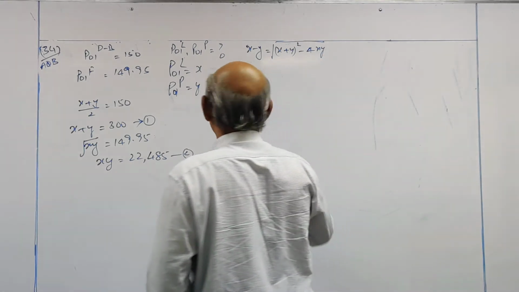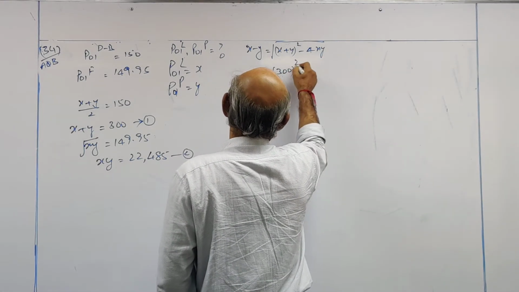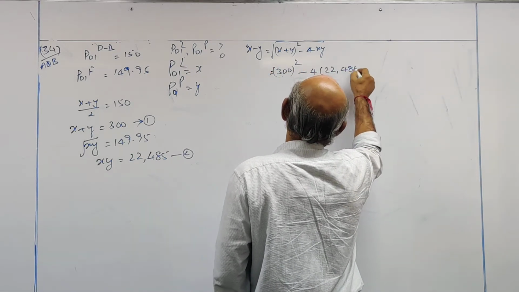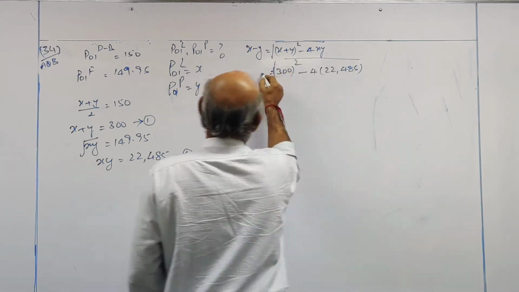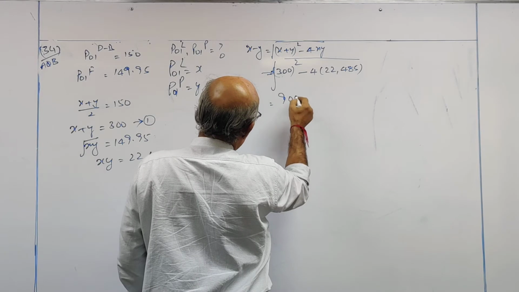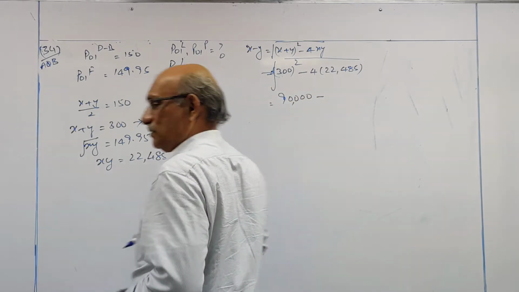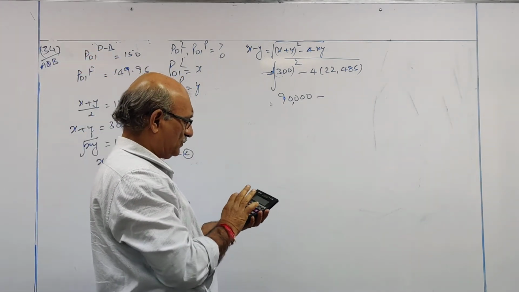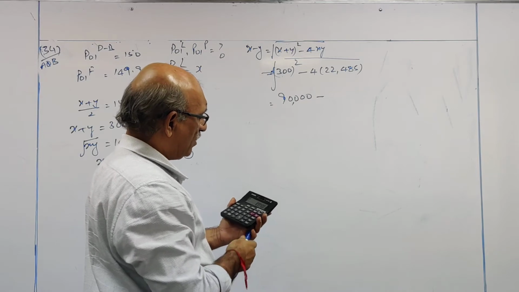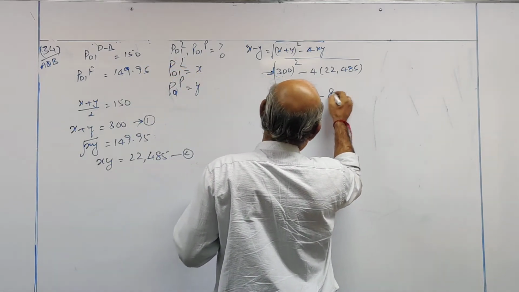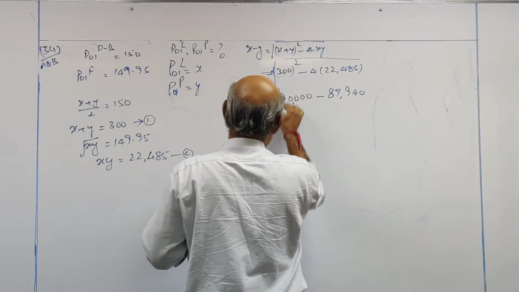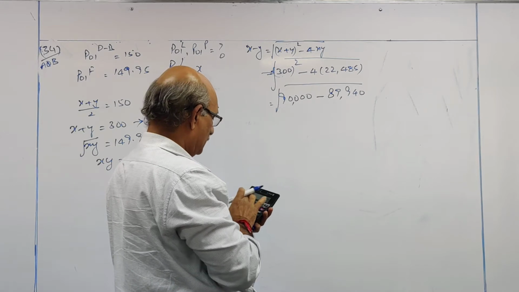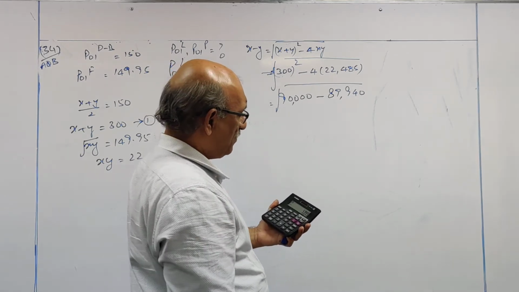So this is equal to root of 300 whole square minus 4 into 22,485. 3 threes are 9 and you will get 4 zeros, minus 22,485 into 4, which is 89,940. So root of 90,000 minus 89,940, so this is 59.99.